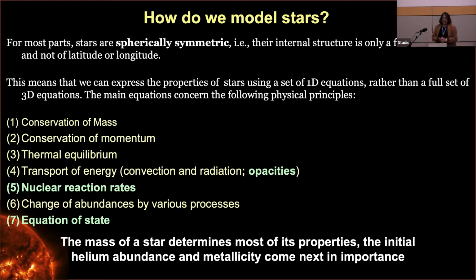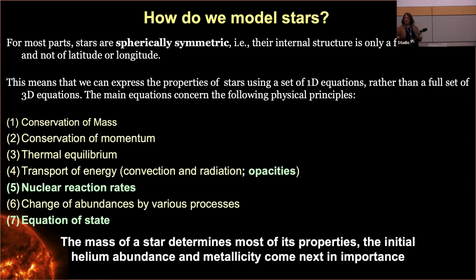Yeah. So how do we make a star? It's basically a set of conservation equations. Conservation of mass, conservation of momentum, which we generally in this field call hydrostatic equilibrium, okay? Thermal equilibrium. If you produce heat in the star, you have to get rid of it, otherwise the star will do something.